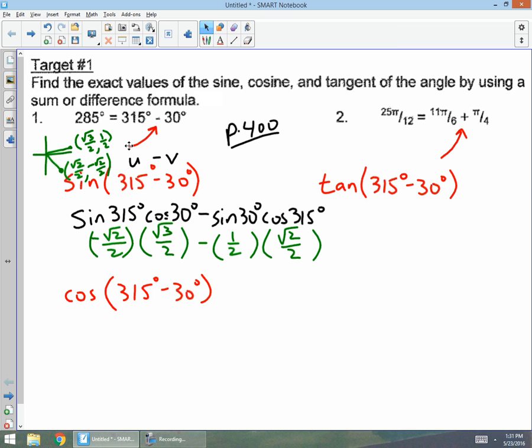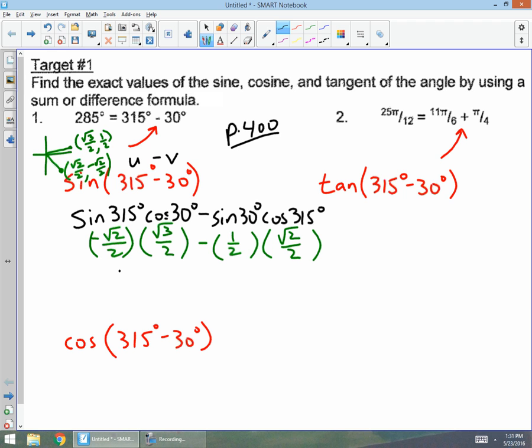And that leads us to multiply this out. We get the negative square root of 6 over 4 minus the square root of 2 over 4. And we're going to go ahead and take out a greatest common factor. So what radical is common in the top? That would be the square root of 2. The denominator that's common would be 4.